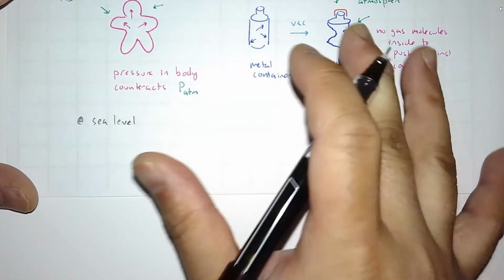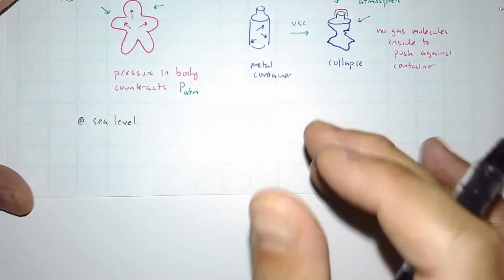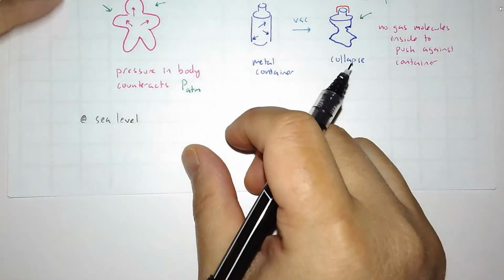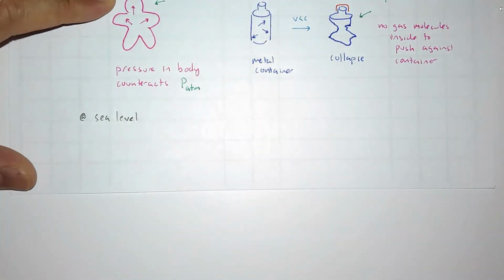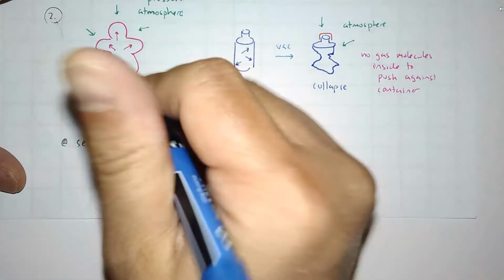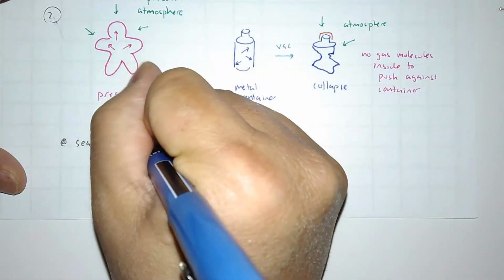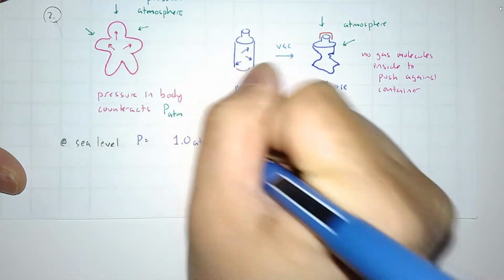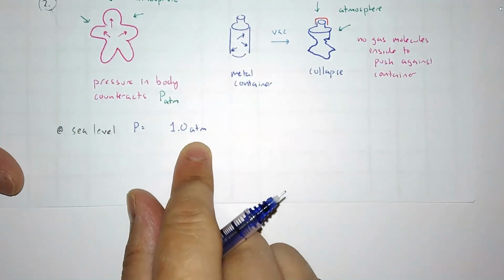Because at sea level you have this theoretical column of air above you, and that has a mass, or weight, pushing downward. At sea level, the pressure P equals 1.0, and this is ATM, that atmosphere unit.